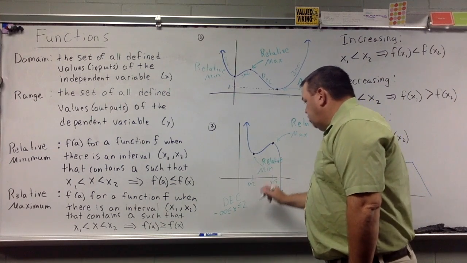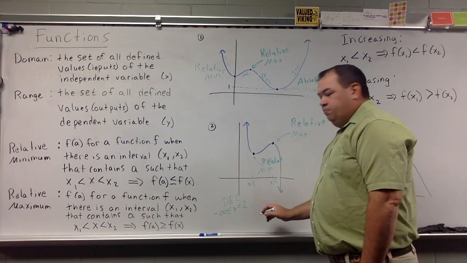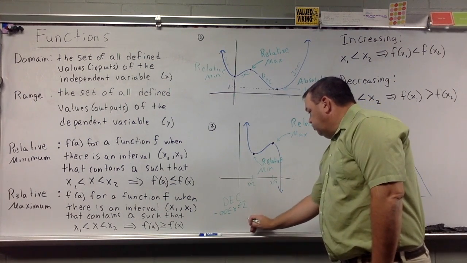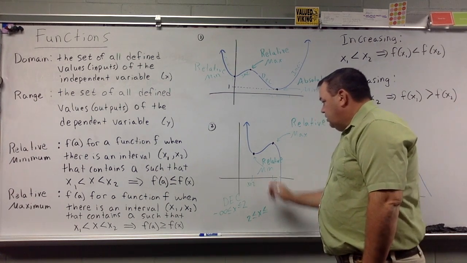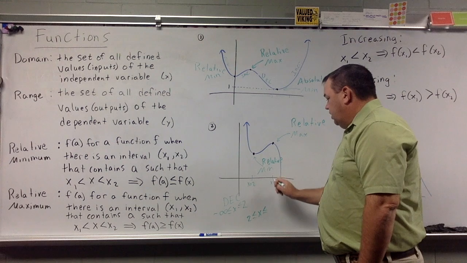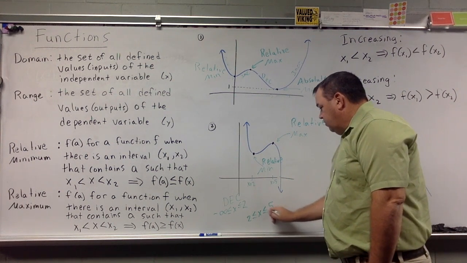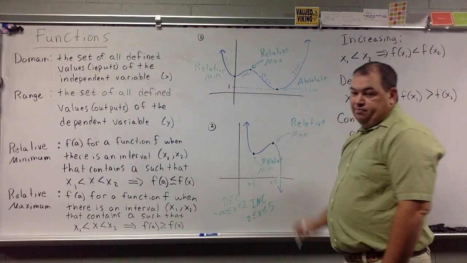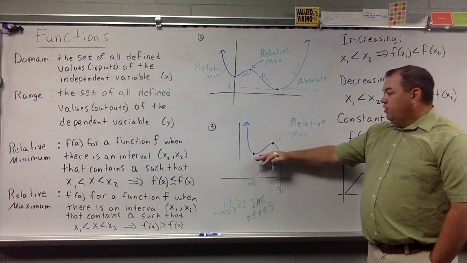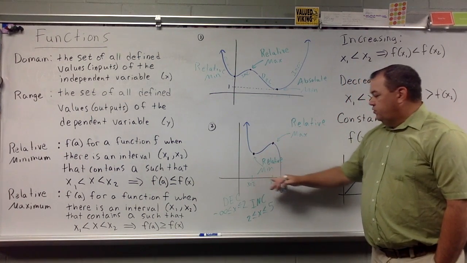At 2, something changes. I have this relative minimum. So from 2 to some other point, this thing starts increasing, and that point happens to be 5. So now I'm increasing. I'm going up. My y values are increasing as x goes left to right.